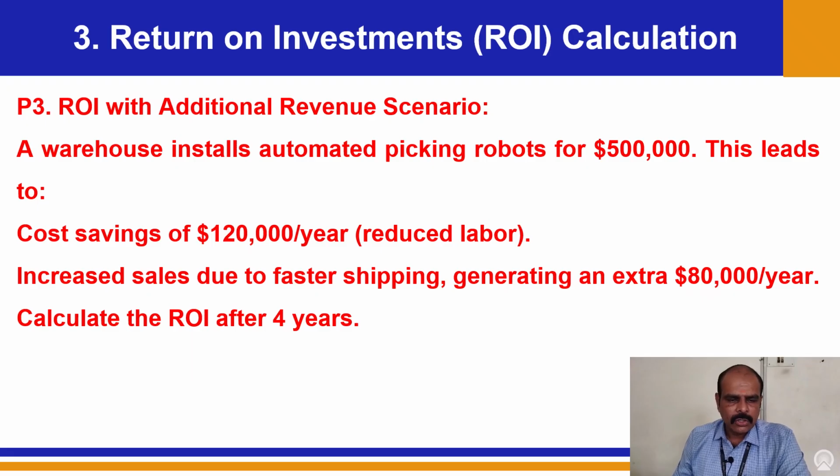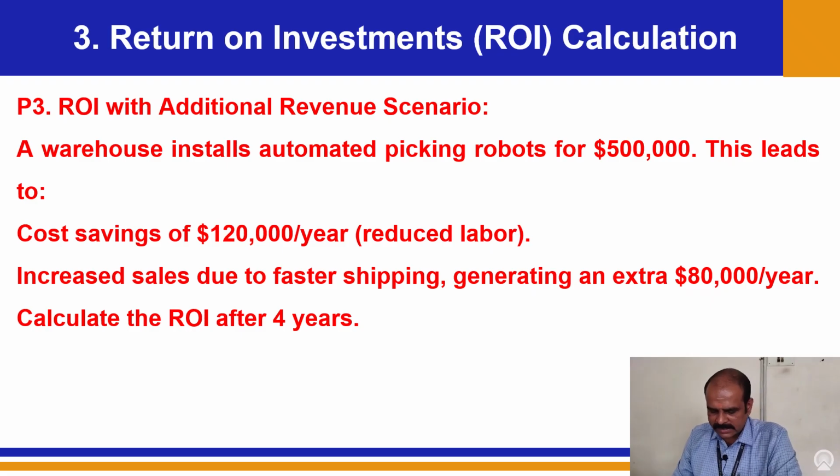A warehouse installs automated picking robots for $5 lakh. This leads to a cost saving of 1,20,000 per year by reducing the labor. Increased sales due to faster shipping generate an extra $80,000 per year. Calculate the return after 4 years.